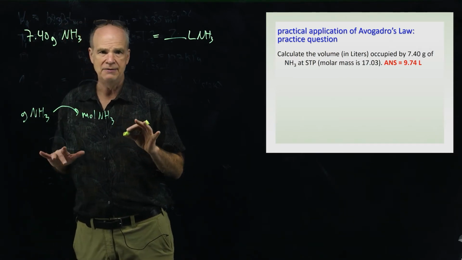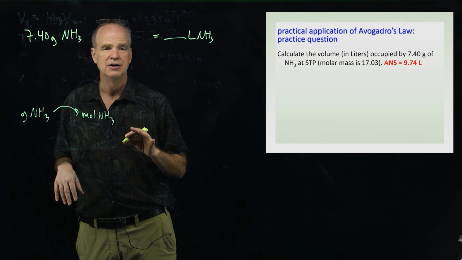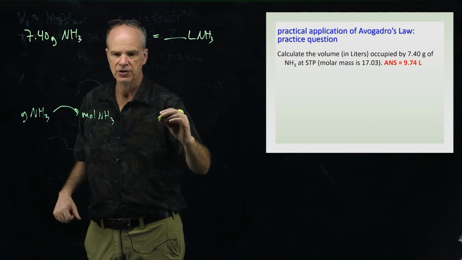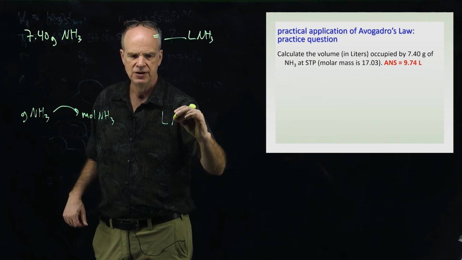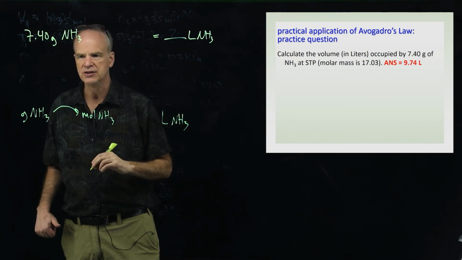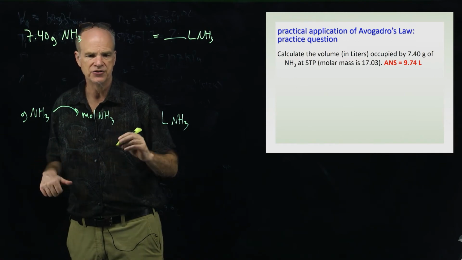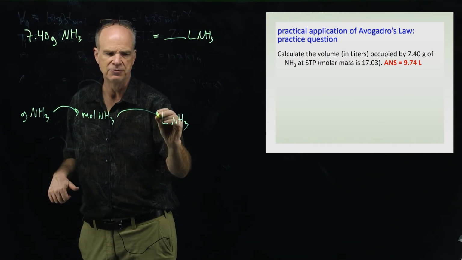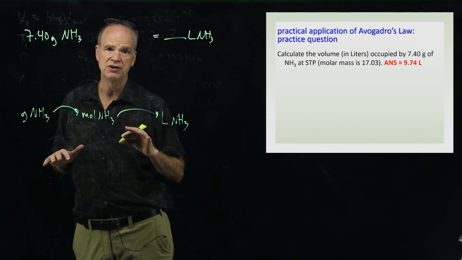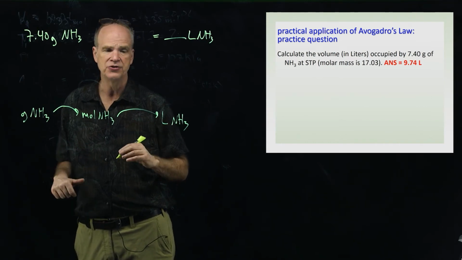We don't have so much an equation here, but we can convert moles of ammonia to liters of ammonia pretty easily because we're at standard temperature and pressure. Remember, at standard temperature and pressure, 1 mole of any gas occupies 22.414 liters of space.